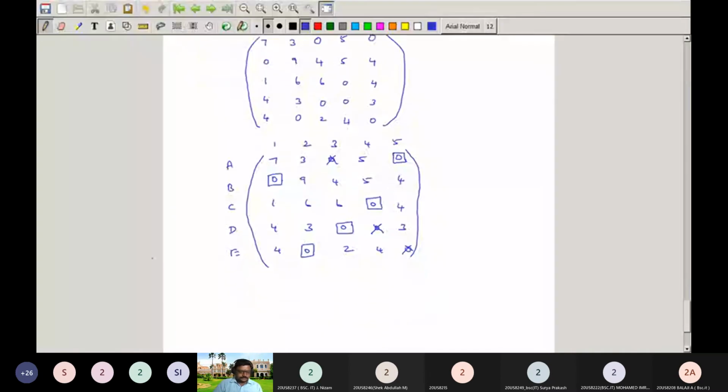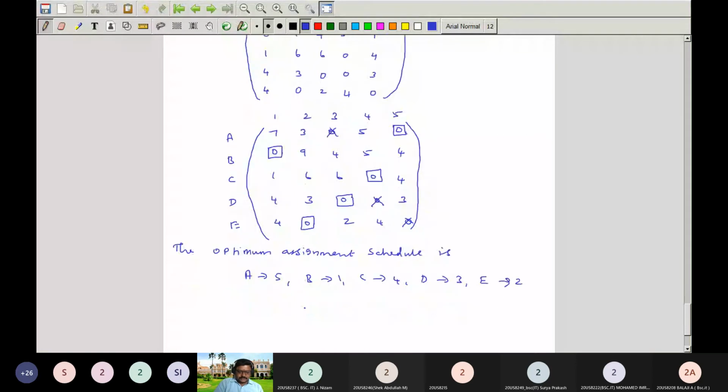The assignment schedule is A to 5, B to 1, C to 4, D to 3, E to 2.